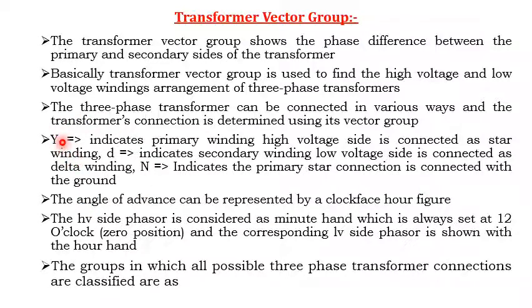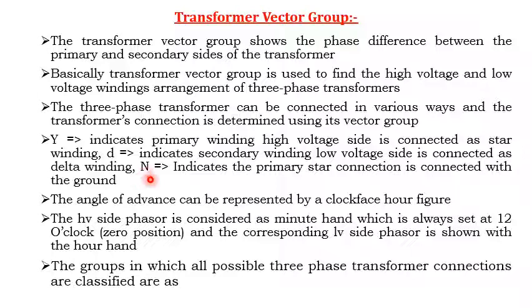Y means a star connection, also called a Y connection. D means a delta connection. In N, it indicates the primary star connection is connected with the ground.